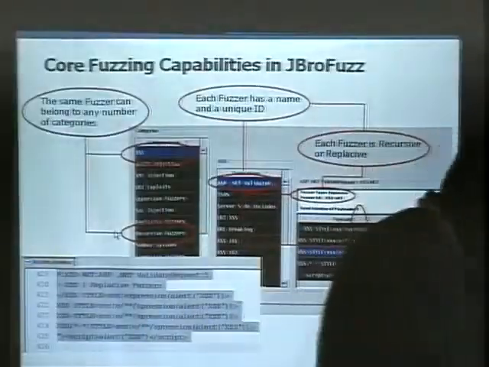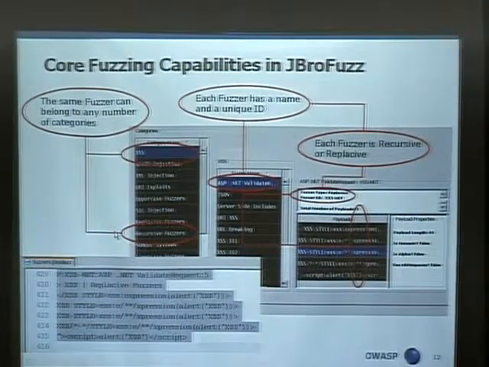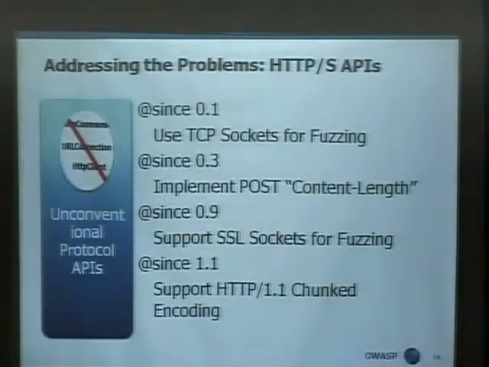Going back to the slides, we've implemented a core fuzzing engine, but how do we actually overcome the problem that we have with all the protocol APIs? I've spent some time on this: recursive versus replacive fuzzers. So what are the problems? If you use anything other than sockets, you don't have control of everything that's on the wire.